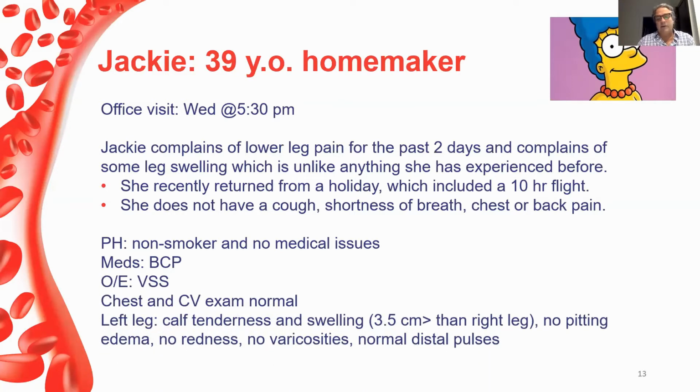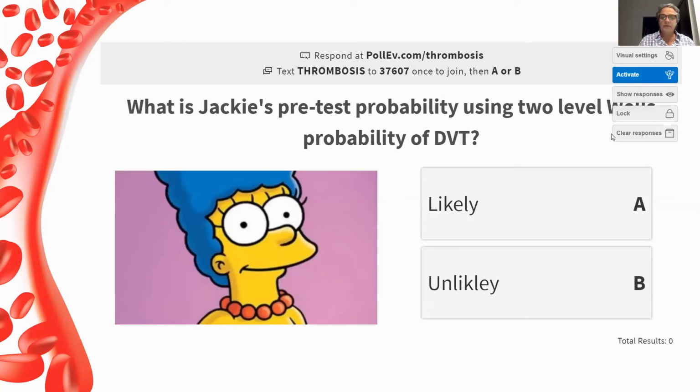And when you examine her, the only thing really to find is that her left calf is tender and it's swollen. It's actually 3.5 centimeters more swollen than the right leg when you measure circumferentially. There's no pitting edema, no redness, no varicosities, and her pulses are normal. So what is her pretest probability using the 2-level Wells score?